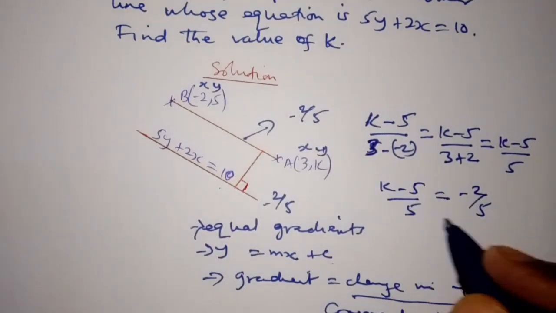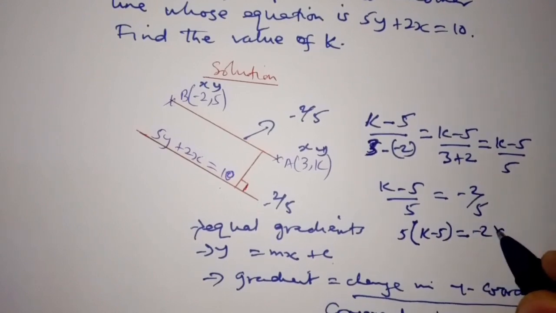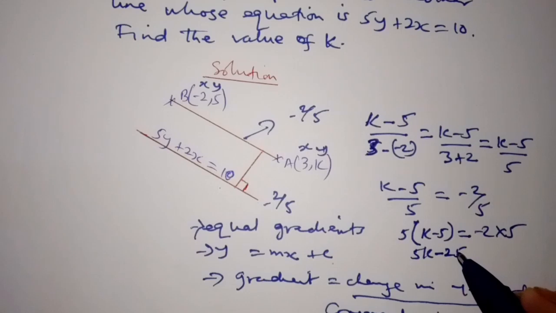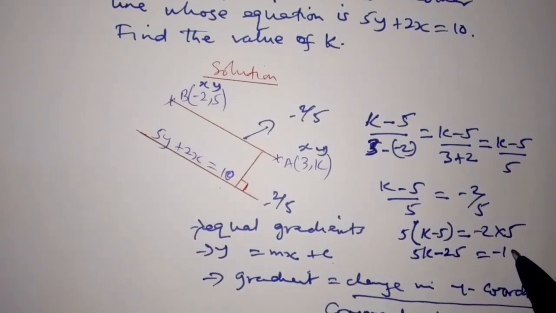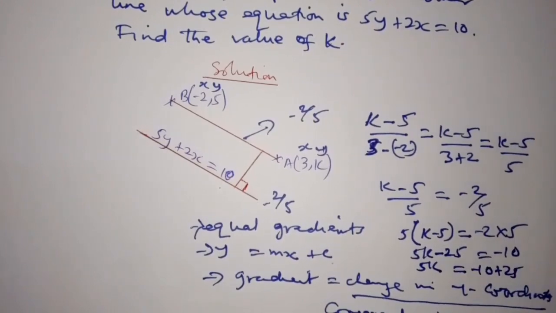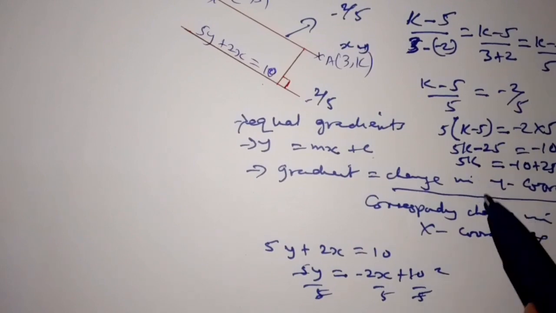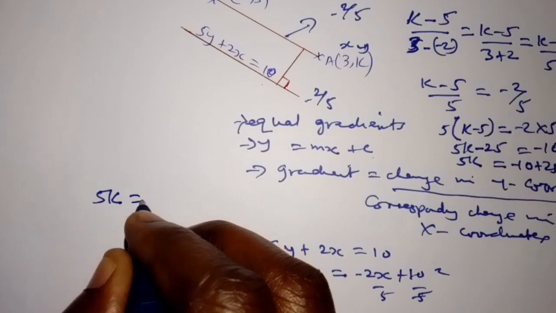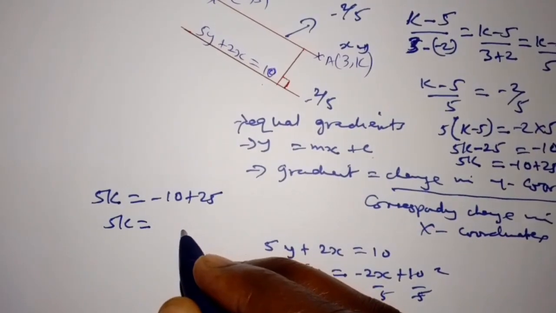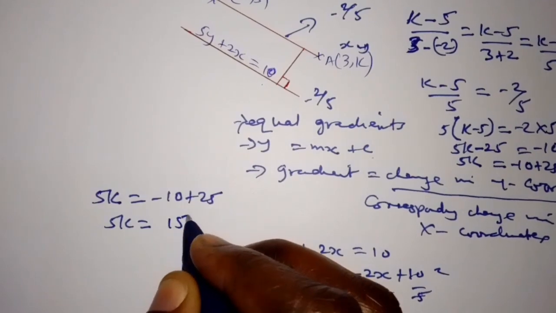So now we can cross multiply: 5 times k minus 5 is equal to minus 2 times 5, so 5k minus 25 is equal to negative 10. 5k is equal to minus 10 plus 25, so 5k is equal to 15.